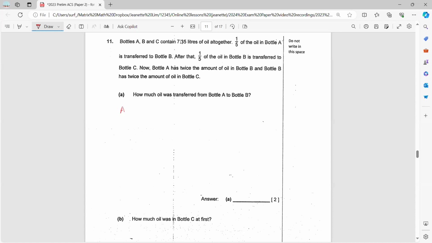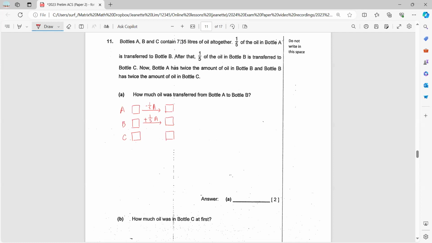So I'm going to do this. A, B, and C at first. Now there is a change, 1/5 of A is transferred to B. So A minus 1/5, and you have to write A here, because this 1/5 came from A. Transferred to B, so plus, and it has to be the same alphabet, so A. Because the 1/5 came from A, it is describing a proportion of A. That's the first transfer.